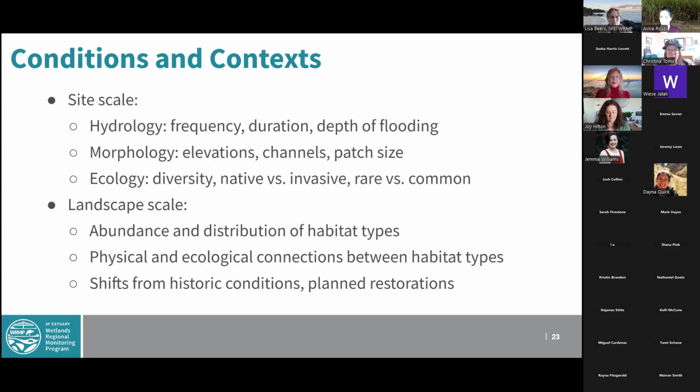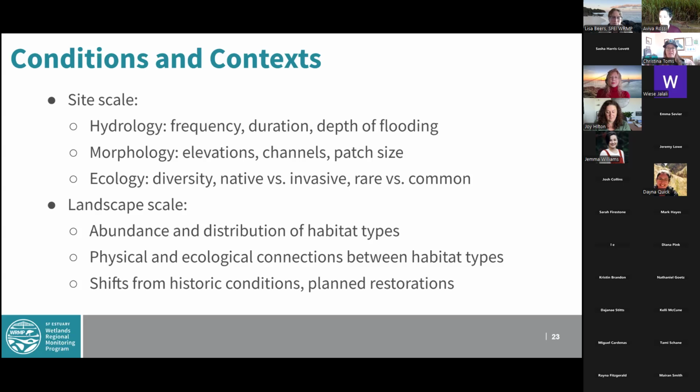At the landscape scale, we think about the abundance and distribution of habitat types. We think about the physical and ecological connections between different habitats and between different types of habitats. And we want to think about how the landscape has shifted from historic conditions. Has there been large-scale wetland reclamation? Has there been damming of upstream watersheds? And what kinds of restorations are planned?